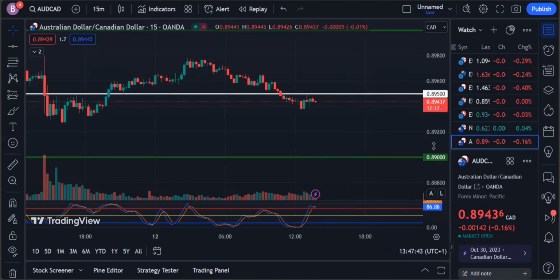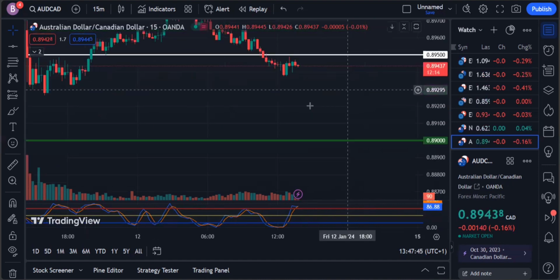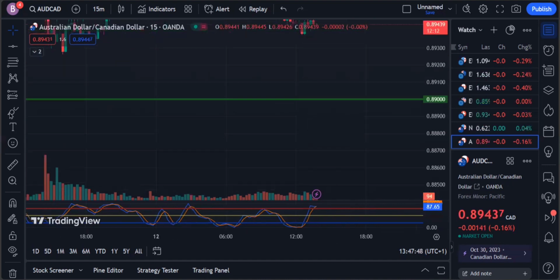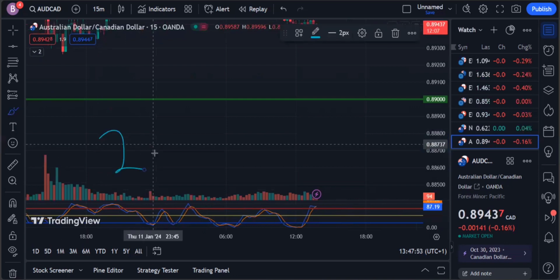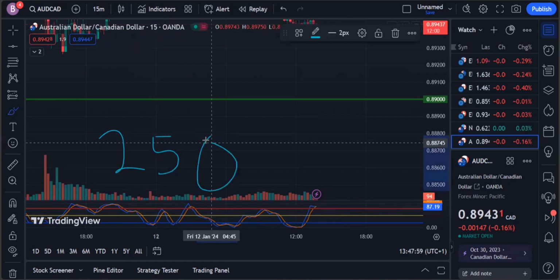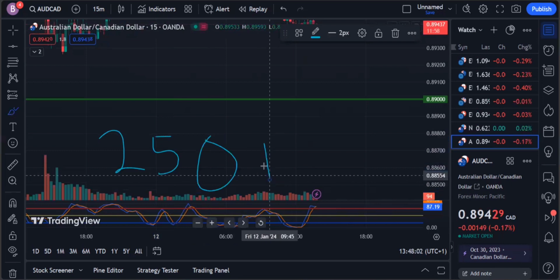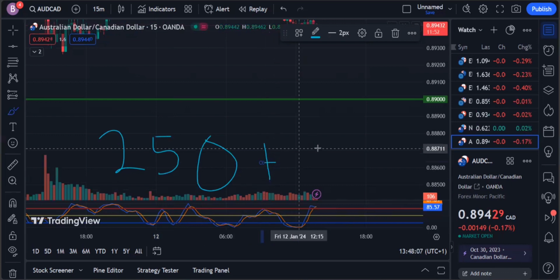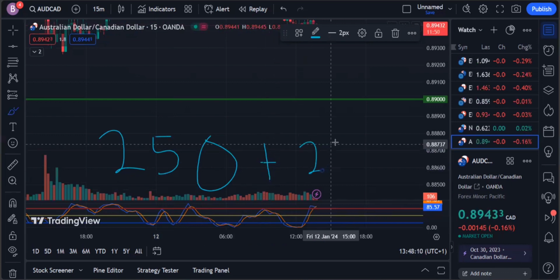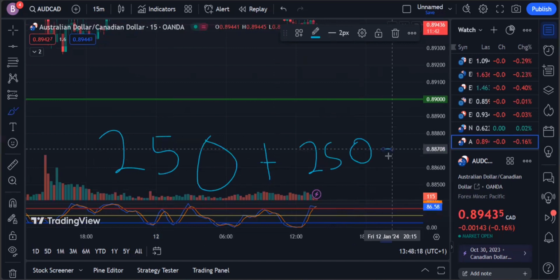But we also wouldn't need a calculator to do that, because we know that 250 plus another 250 is going to give us 500.